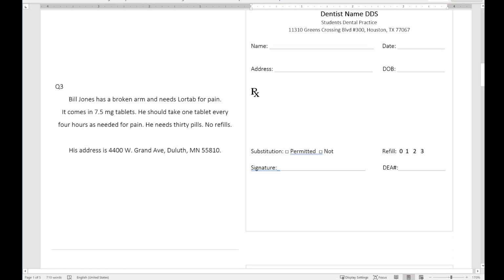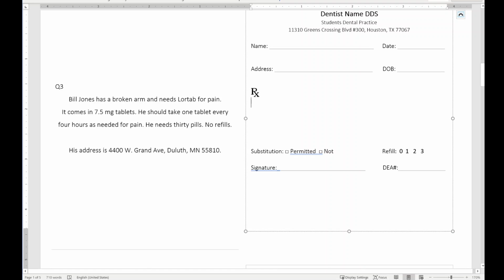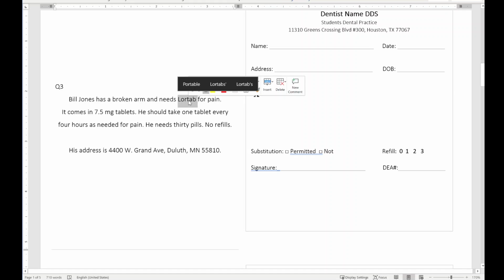Now, Bill has a broken arm, needs Lortab for pain. It comes in 7.5 milligram tablets. He should take one tablet every 4 hours as needed for pain. He needs 30 pills, no refills. Okay? So, first thing first, the drug name. So they need what? Lortab.